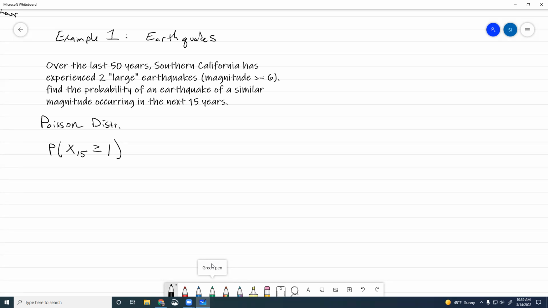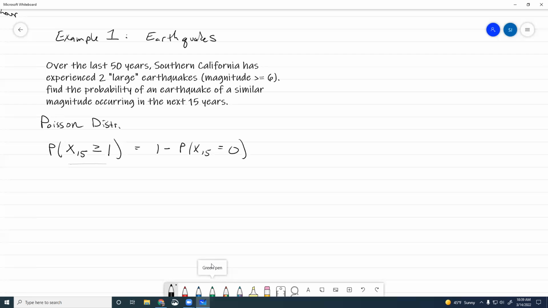If we're thinking of greater than or equal to 1, what's that equal to? If we base this off the PDF, where we use equal signs rather than inequalities, this is going to be 1 minus the probability that over 15 years we have no earthquakes.